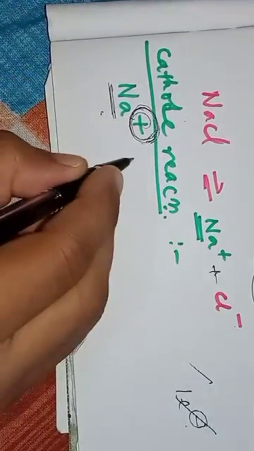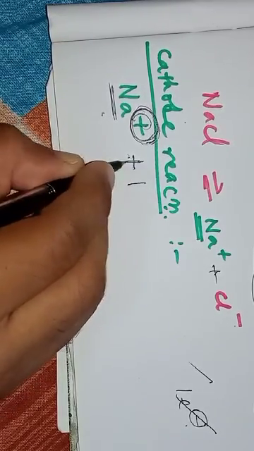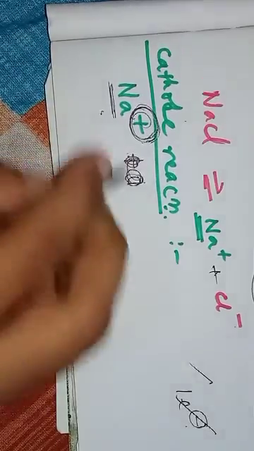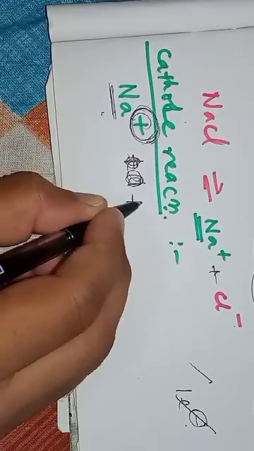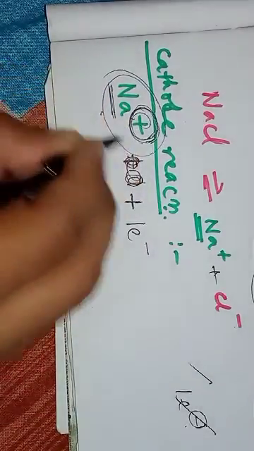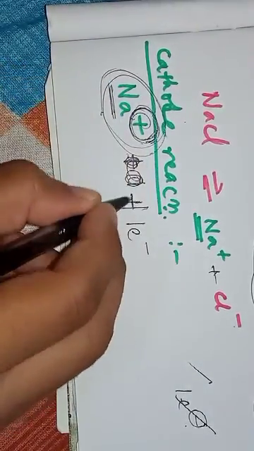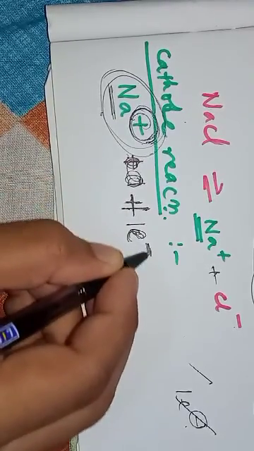So Na plus will gain one electron, and this one electron has a negative charge.